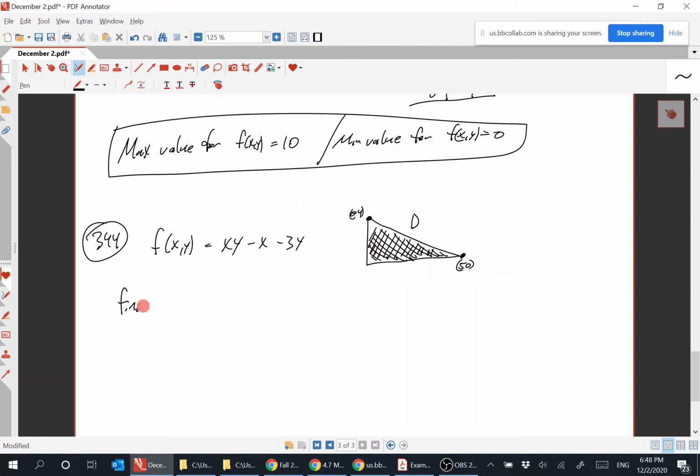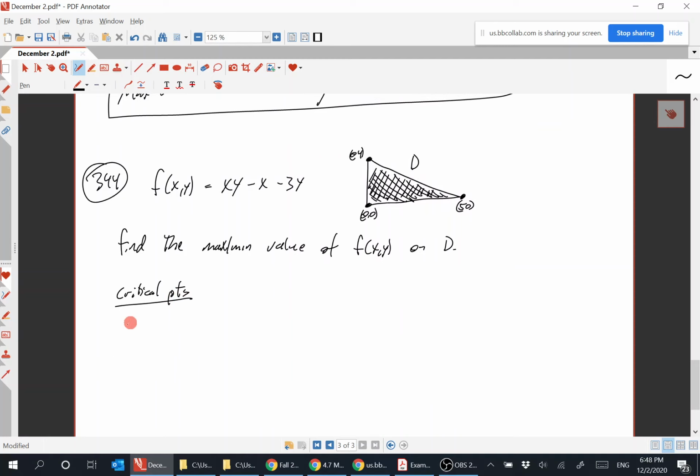So find the max and min value of f(x,y) on D. So first we check the inside and find those critical points on the inside.